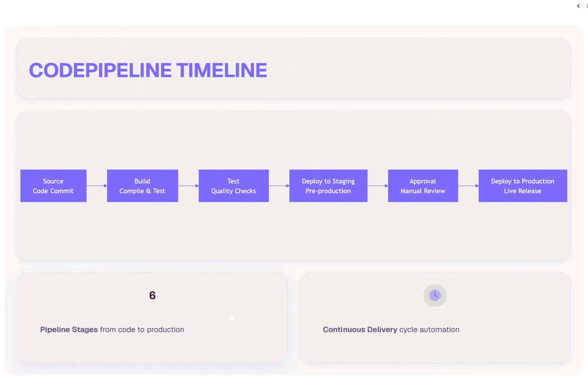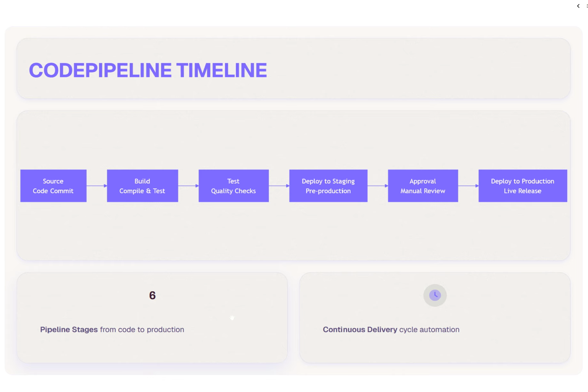Okay, so the CodePipeline timeline means how CodePipeline works, from source to production. That is the automated continuous delivery cycle. You start coding in GitHub, let's say, and then you do a code commit. Once you do a code commit, it starts building, compiling and testing, right?